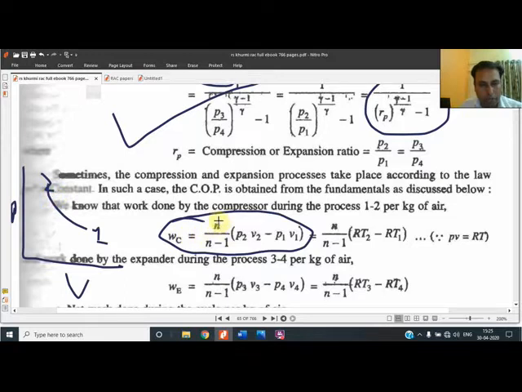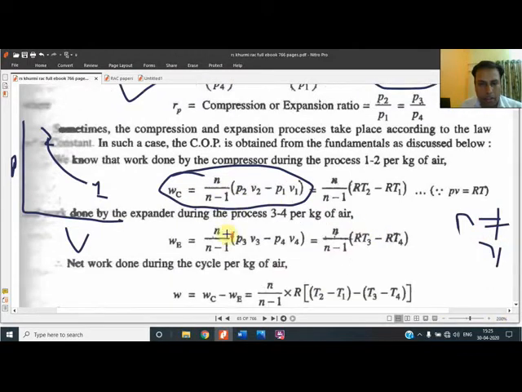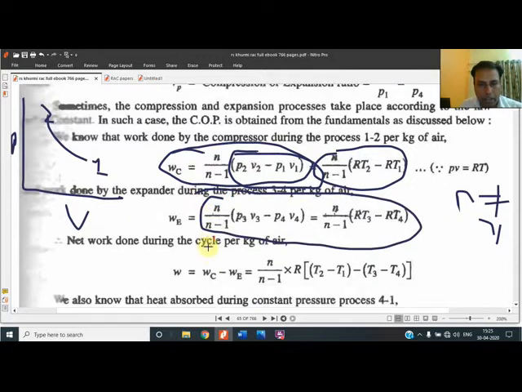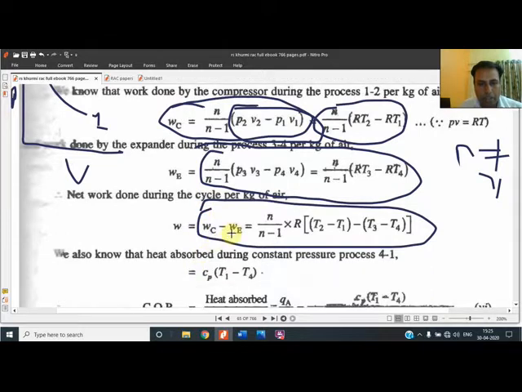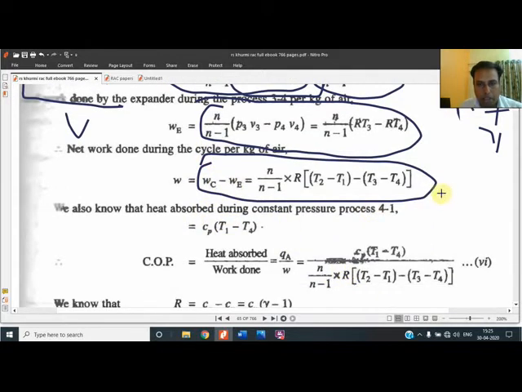But if it is polytropic, meaning the n value is not equal to gamma, then instead of gamma we will write n upon n minus 1, use this relation, and determine the work done. Similarly for expansion we will determine the work done. We will subtract the two to get the net work done. This will become the denominator.